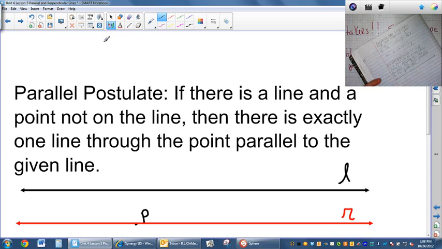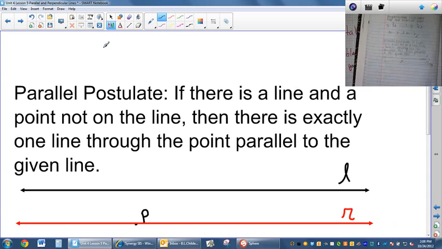Does anyone remember the symbol we use to show that two lines are parallel? Do you remember how you indicate that two lines are parallel? Like when you're doing your notation, when you learned about squares and rectangles and parallelograms, how you show that the opposite sides are parallel?